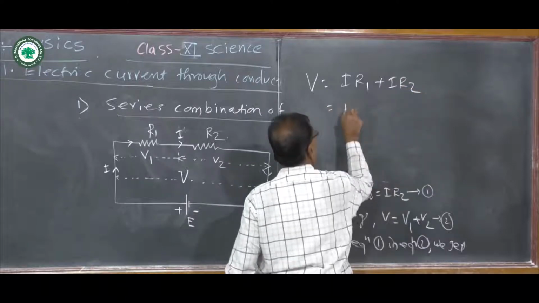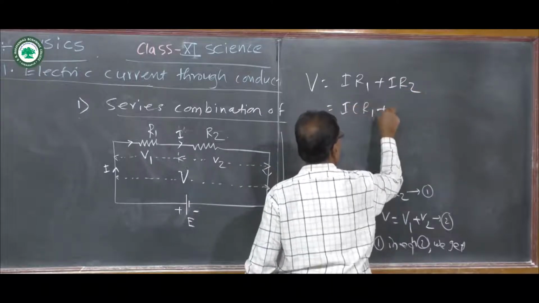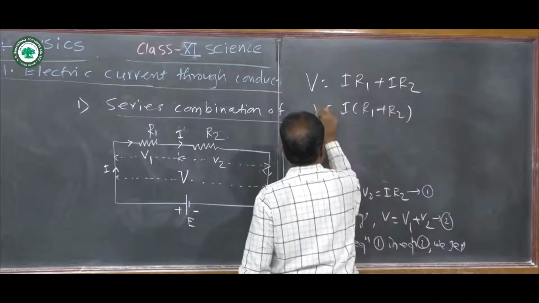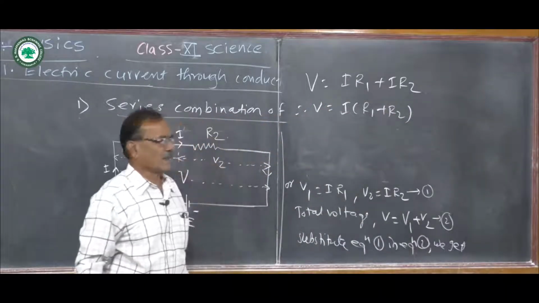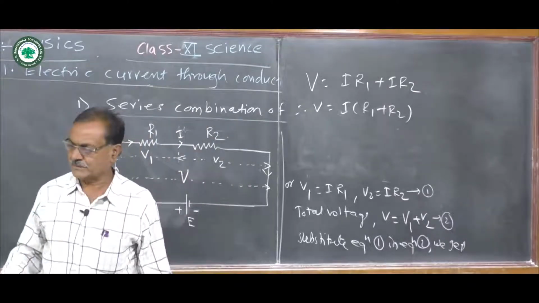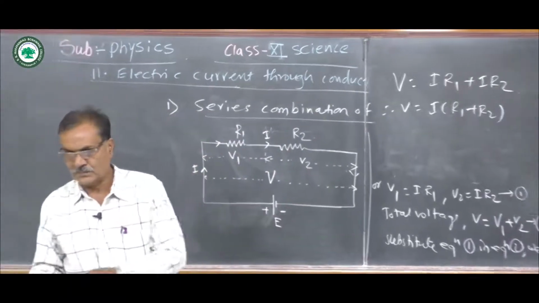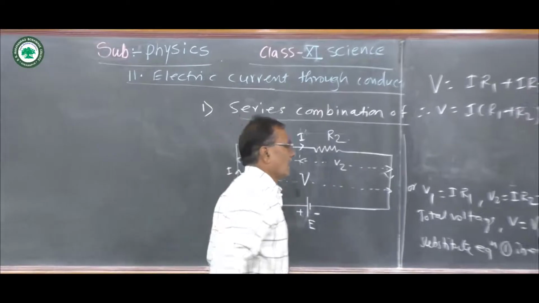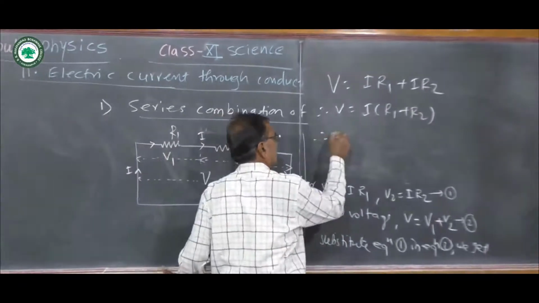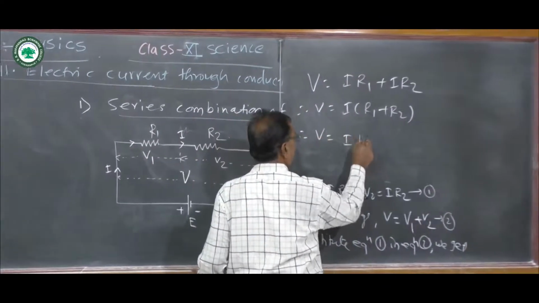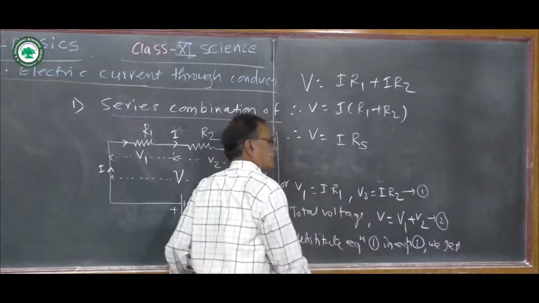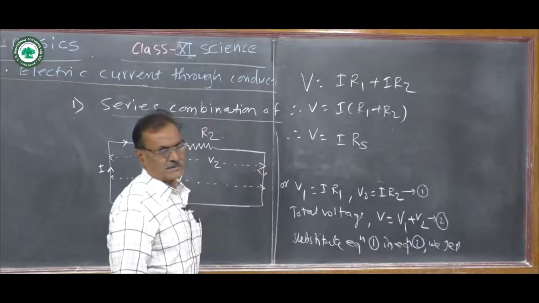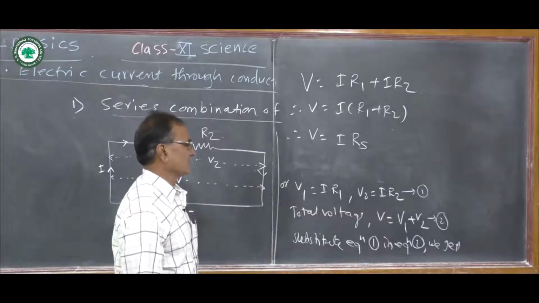Now take I common, so in brackets R1 plus R2. So this is the relation V equal I into (R1 plus R2), or we can write V equal I into RS. RS stands for the series combination of resistors.